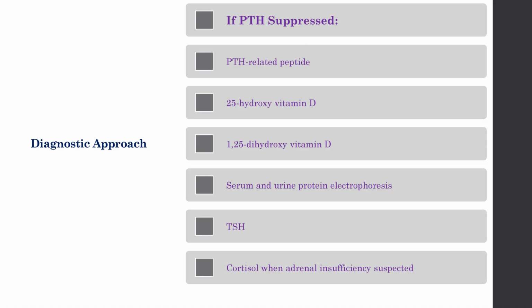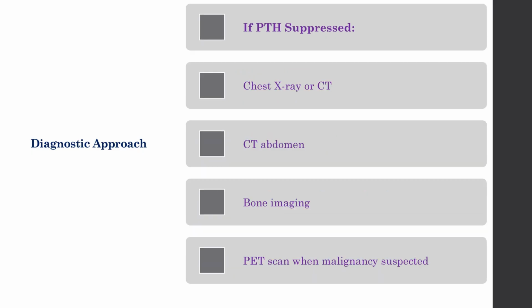If suppressed, proceed with PTH-related peptide, 25-hydroxyvitamin D, 1,25-dihydroxyvitamin D, serum and urine protein electrophoresis, TSH, and cortisol when adrenal insufficiency is suspected. Additional investigations may include chest X-ray or CT, CT abdomen, bone imaging, and PET scan when malignancy is suspected.